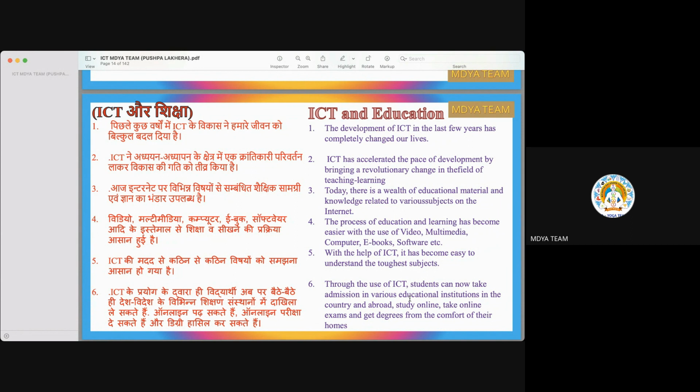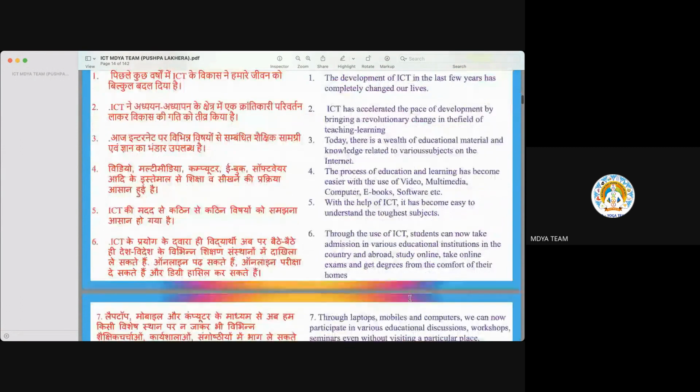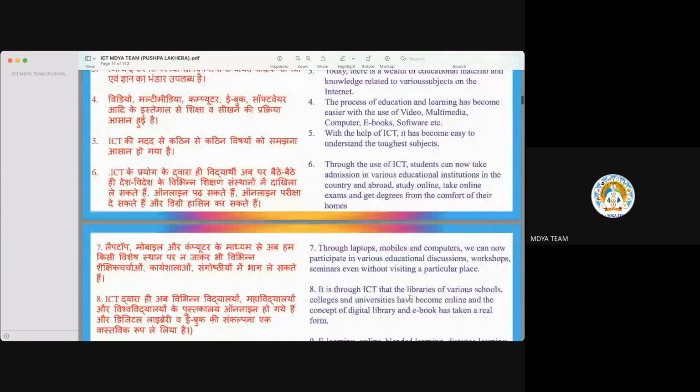He or she will be at some other place, but you can chat and have a conversation. You may have ebooks. All these things come under ICT, and it becomes easier to understand the toughest subjects.